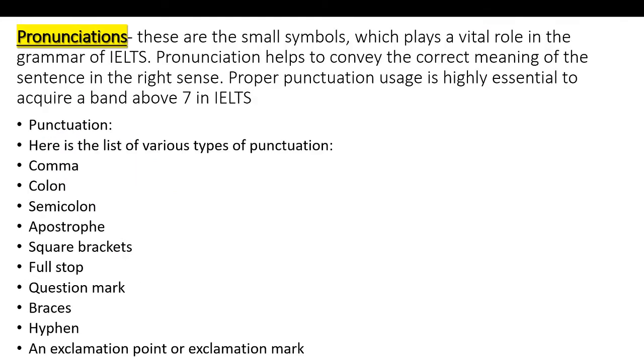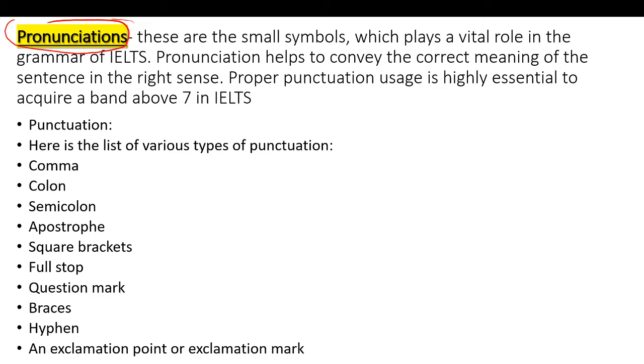Now let's look at the pronunciation. Sorry, actually these are for speaking, so the punctuations are here. Sorry for that. These are the small symbols which play a role in IELTS grammar.